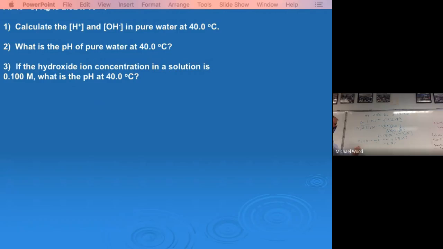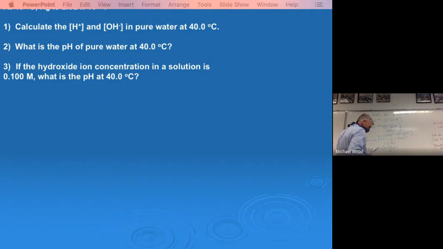Okay, and then number 3. So now I'm going to be using this equation right here. I'm going to be using 2.92 times 10 to the negative 14 equals H plus times OH. This time we are told that the hydroxide, remember that's the hydroxide, is 0.100.